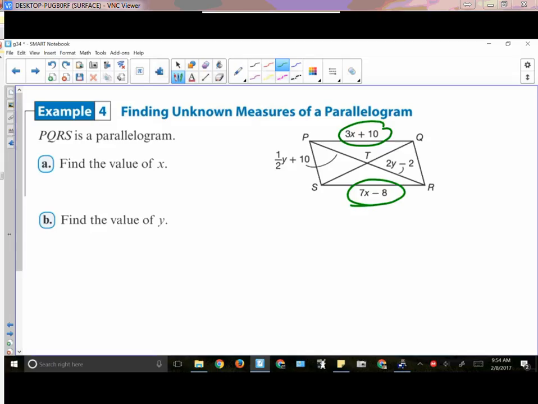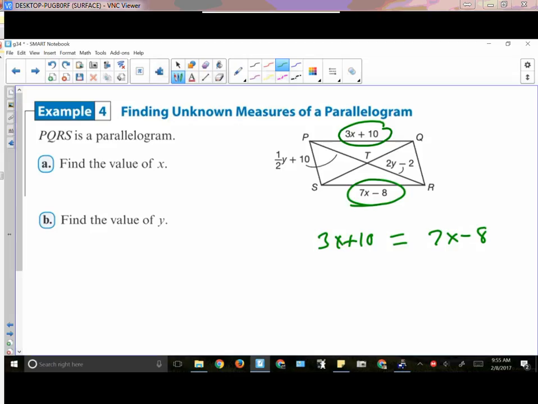They're parallel. But I've got to solve that for x, so I've got to work with numbers. That means I've got to say that 3x plus 10 compares to 7x minus 8 in some way. What way? Yeah, they're equal. Parallelogram, opposite sides are the same.